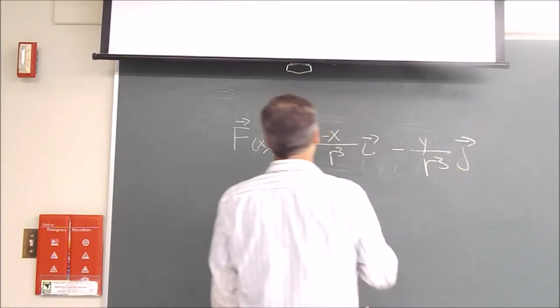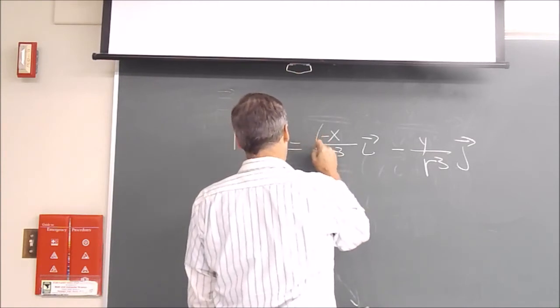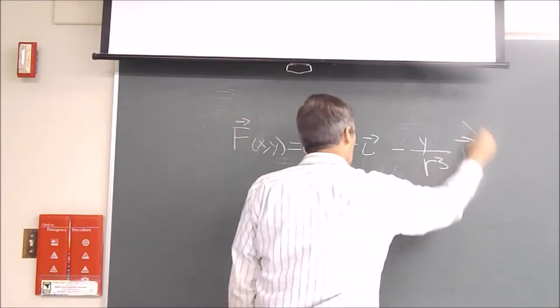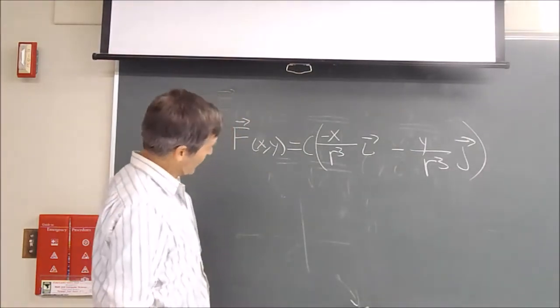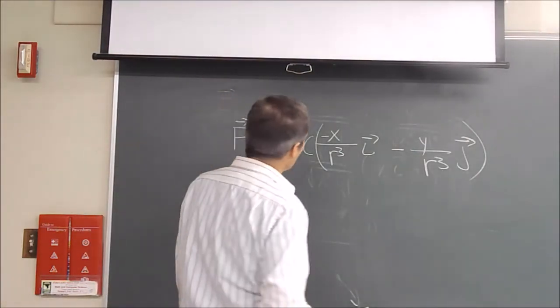This is a very important one, and it might be multiplied by some number, c or something. This one actually is called an inverse square law because why?